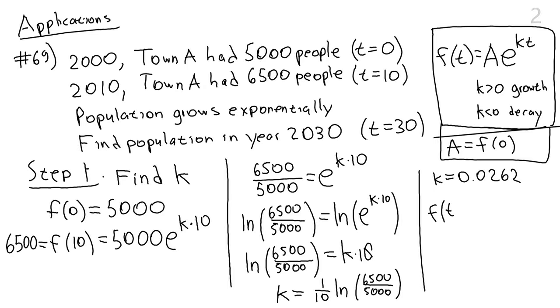And then your formula, the one that you're going to use to compute what the population is in the year 2030, is going to be f of t equals 5,000 e to the 0.0262 t.